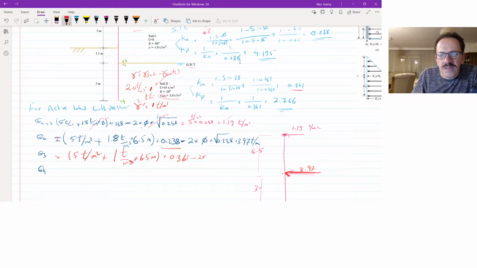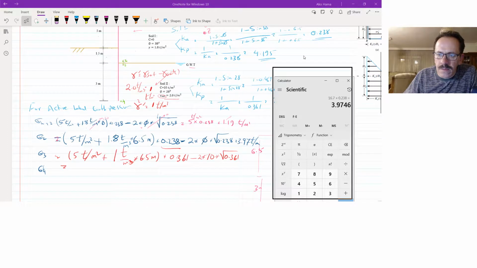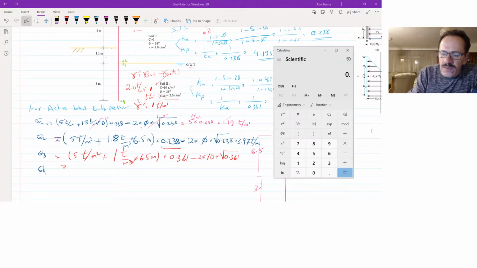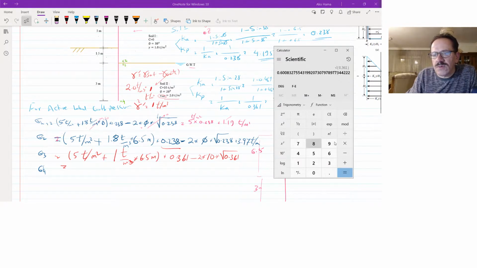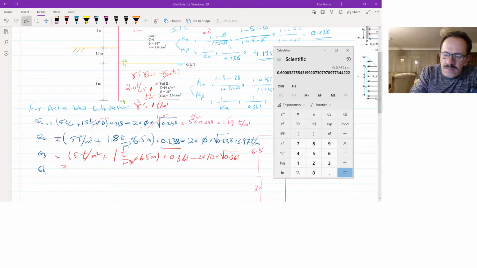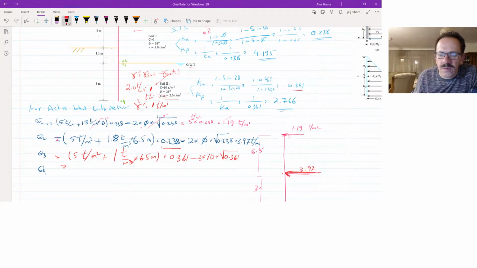The soil has a C of 10, and it will be multiplied by the square root of Ka, the square root of 0.361. The square root of that is 0.6, and times 2 times 10, that will be 12, so this is 12.01.